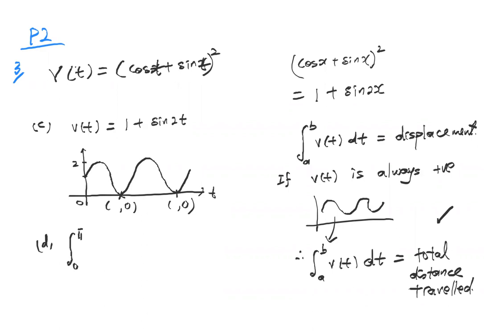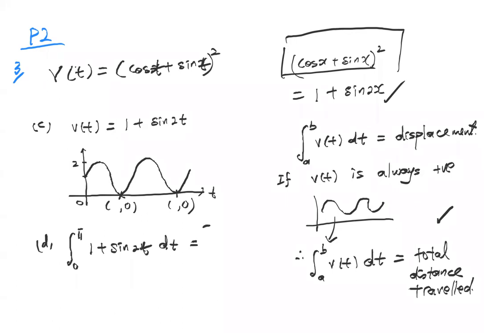That's why I say you have to replace this as this in order for you to integrate. So you just integrate 1, you get t. Integrate sin, what do you get? I think negative cos 2t divided by 2, correct? So 0 to pi. So you get the answer.